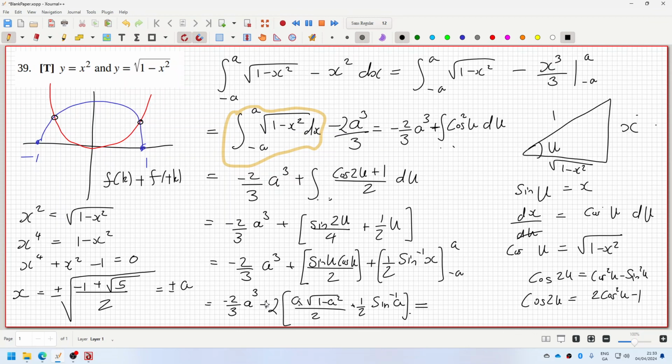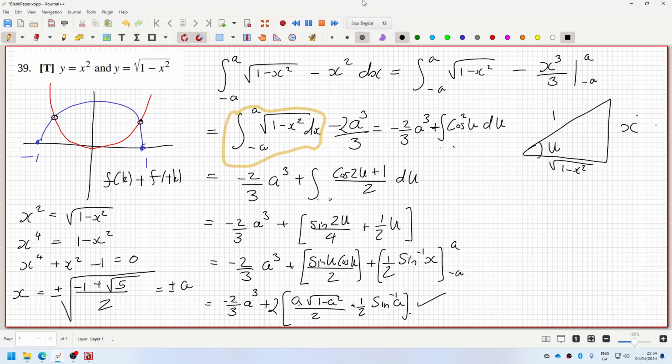Okay, so minus 2 over 3 times that cubed plus 2, and then that times that over that plus a half sine inverse that. Yes, that is correct.